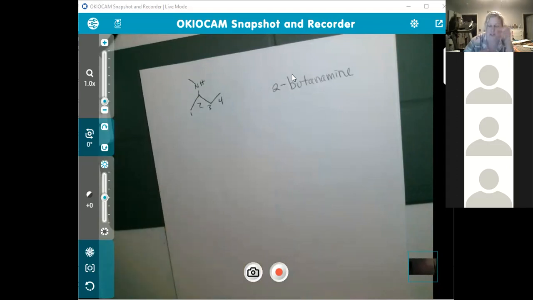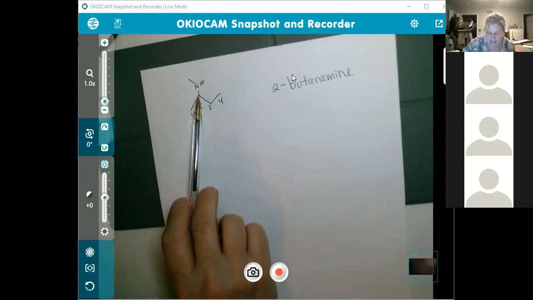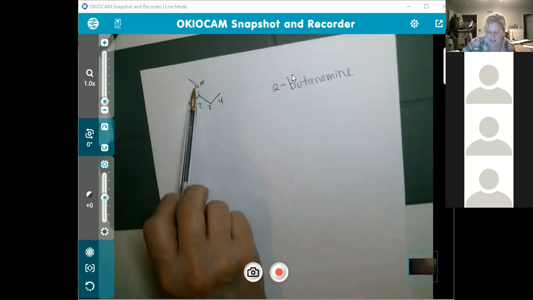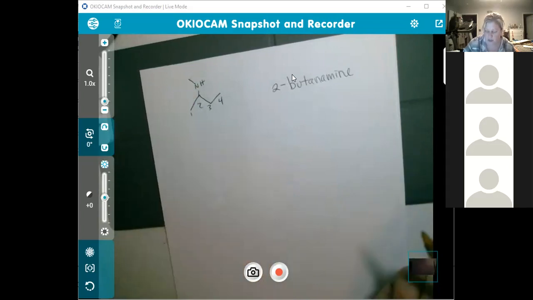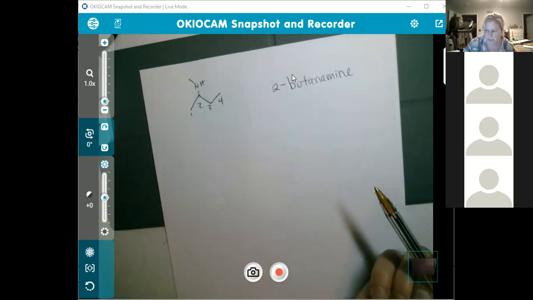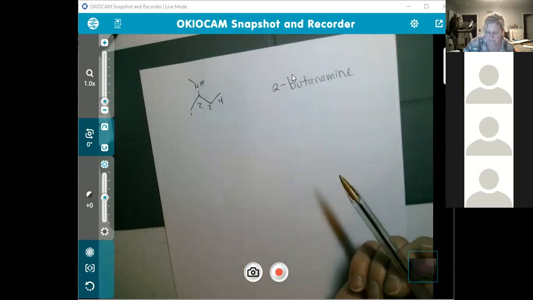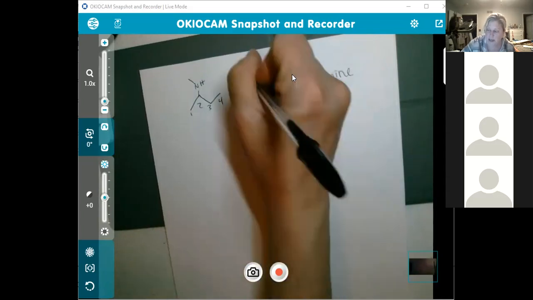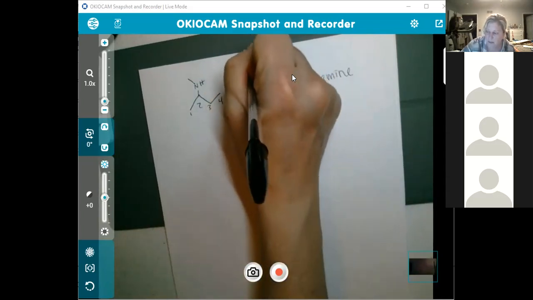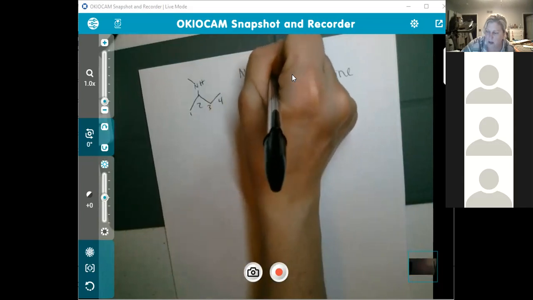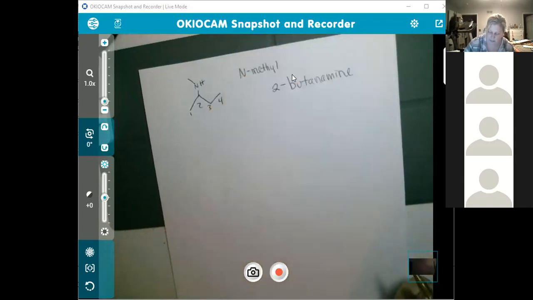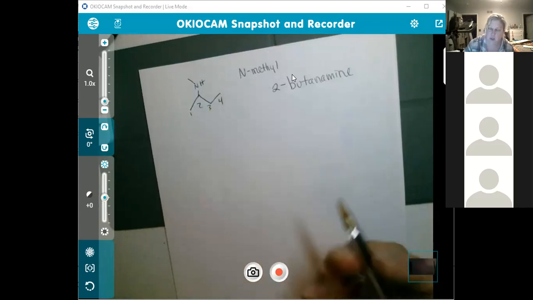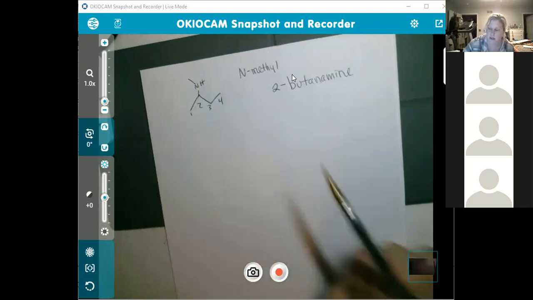This is an N-methyl, which means the methyl is coming through the nitrogen. So it's going to be a capital N methyl for the side chain. It shows methyl connected to that nitrogen.